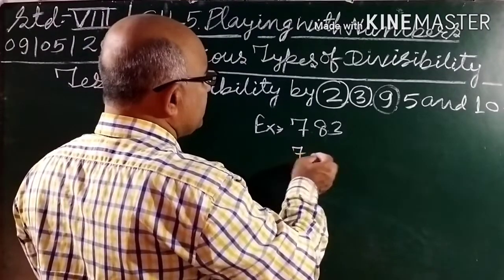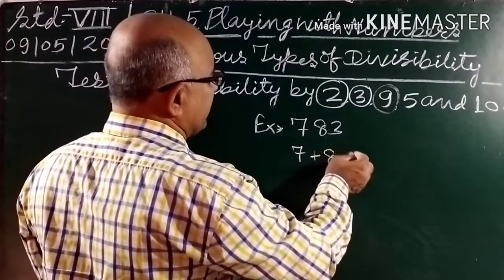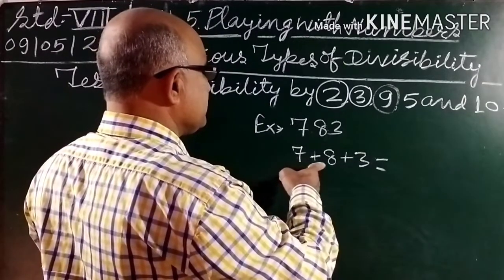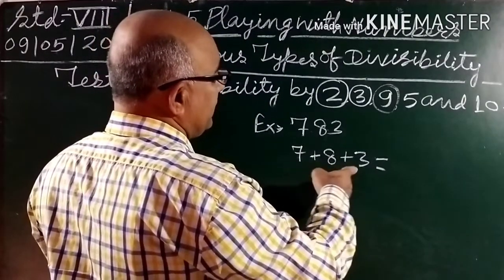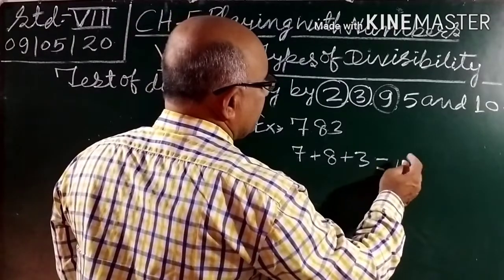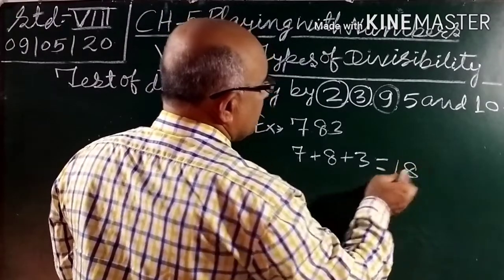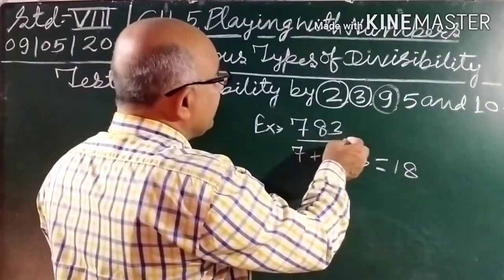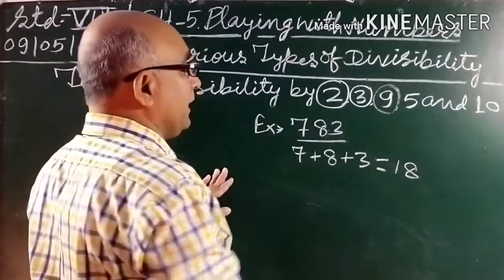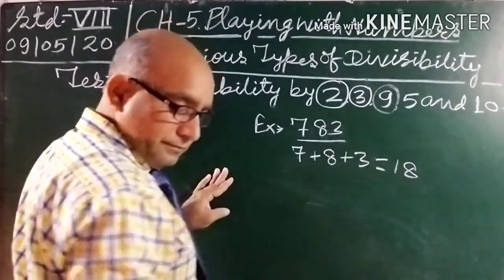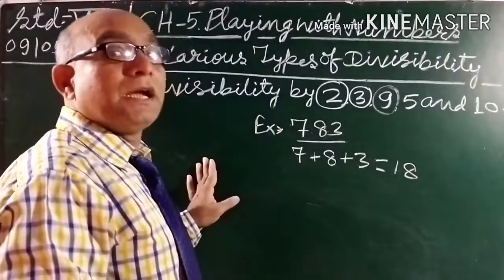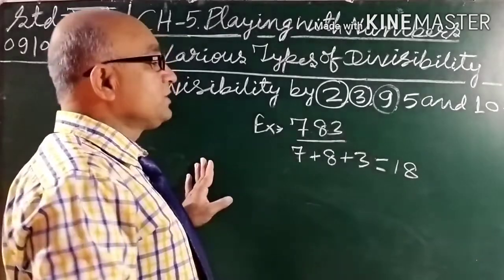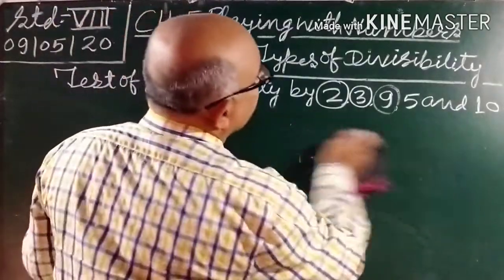Sum of its digits is 7 plus 8 plus 3. 7 plus 8 is 15, plus 3 is 18. 18 is divisible by 9. So 783 is divisible by 9. A given number is divisible by 9 if the sum of its digits is divisible by 9.